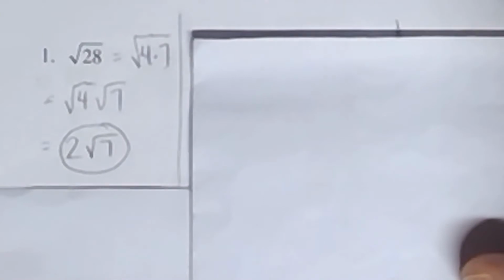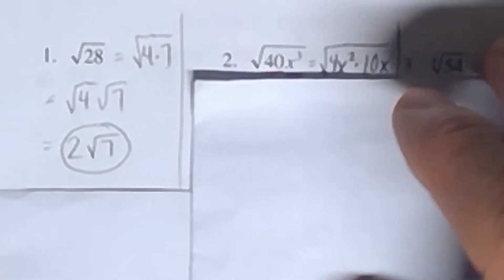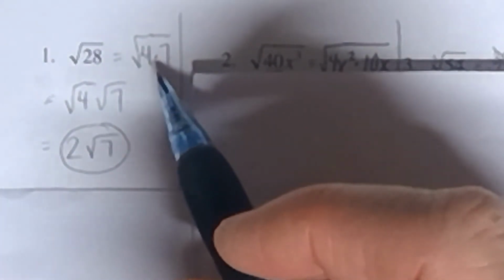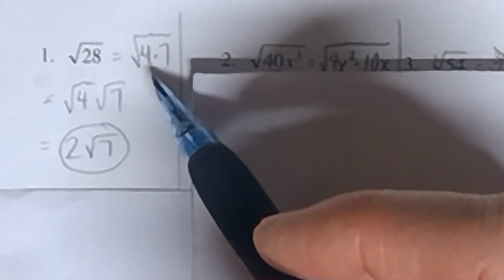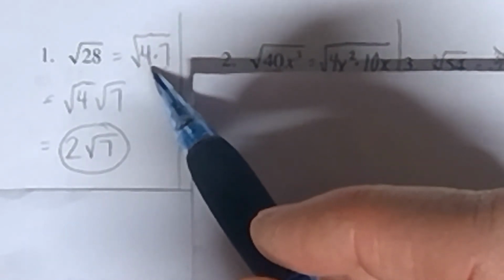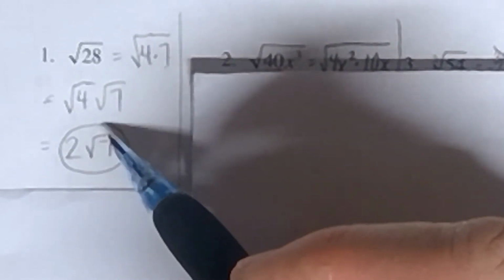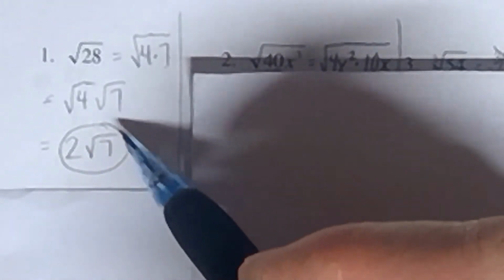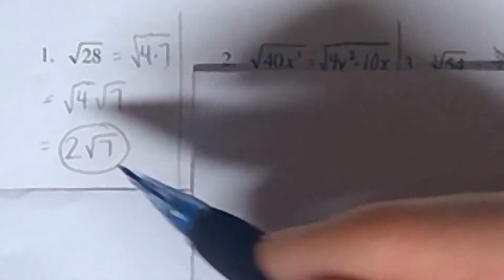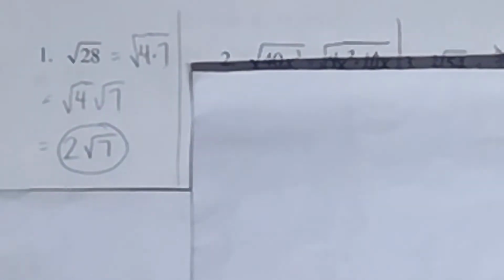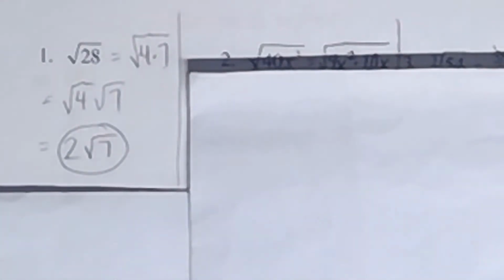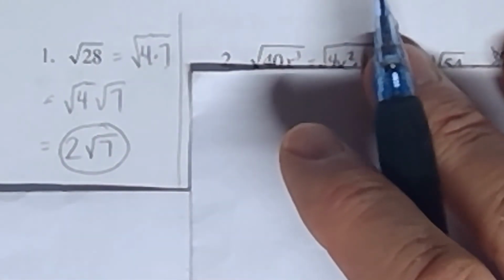Problem number 2. All right. And by the way, this is not an issue here necessarily, but if you don't factor out the largest perfect square, you're going to end up with a radical that's not completely simplified. It'll be a radical that has a number in it that you can still factor something out of from the list besides 1, okay?